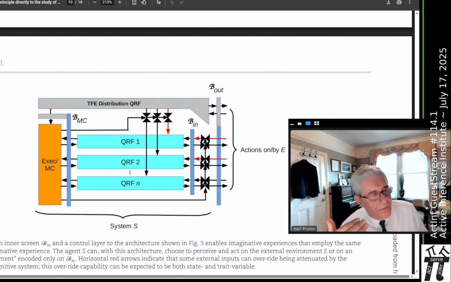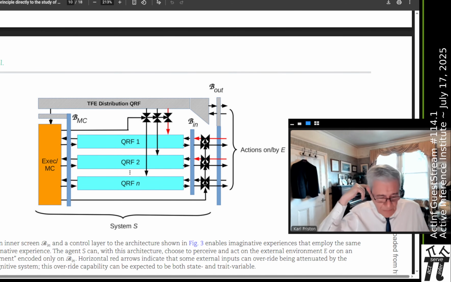Well, in this instance, we're associating action with descending predictions, but usually those predictions are going to be of precision to do the selection we were talking about. But more generally, we can think of them as basically actions on the level below. So what that basically means is that if I'm one Markov blanket and I have hidden states within, behind me, I am basically trying to make sense of the prediction errors that are coming from the Markov blanket below me.